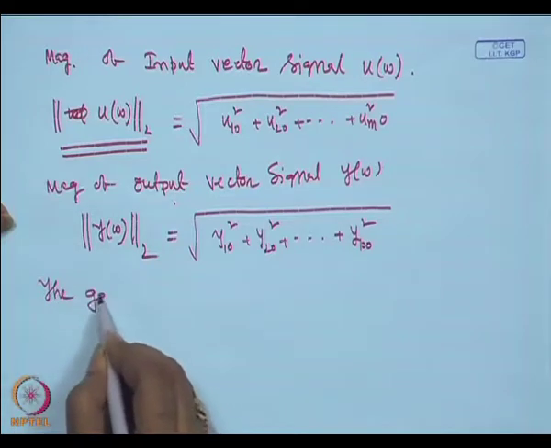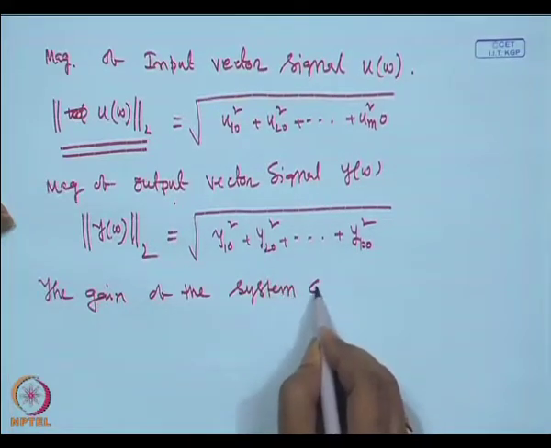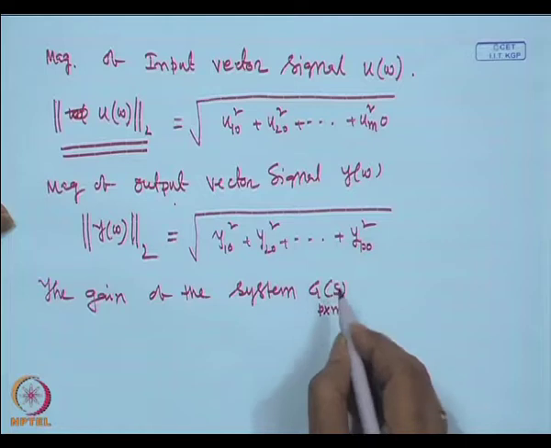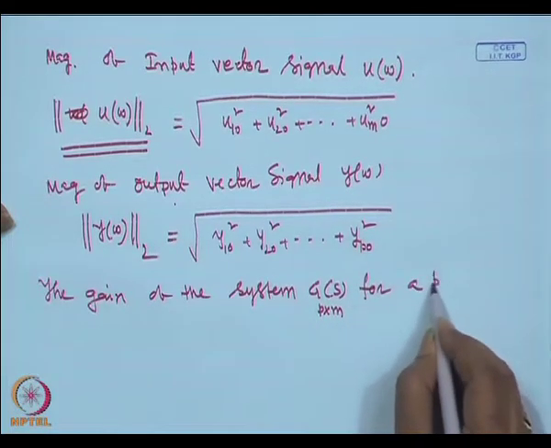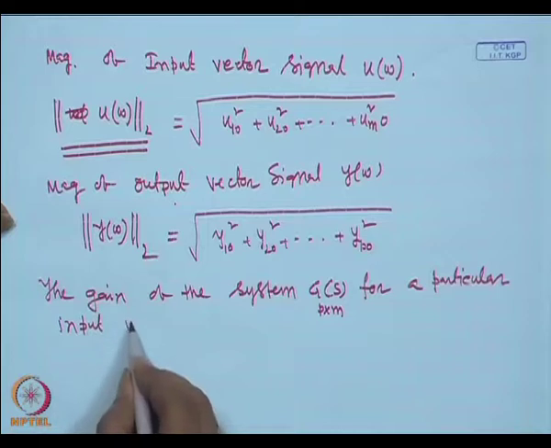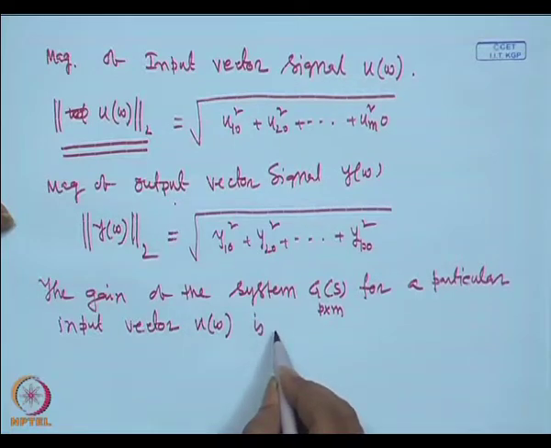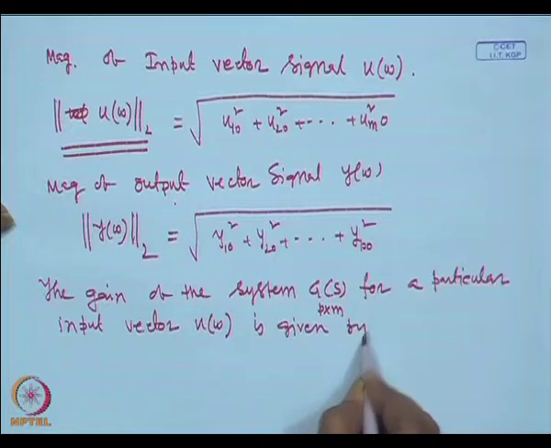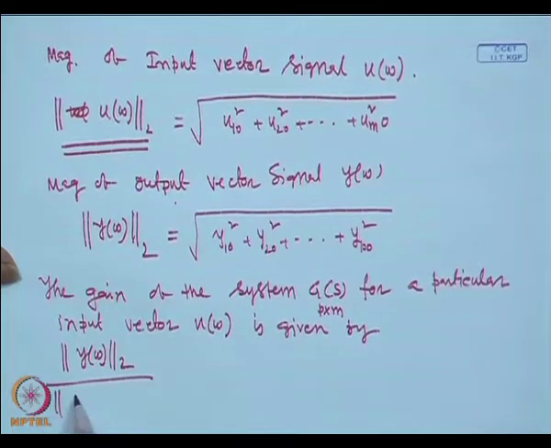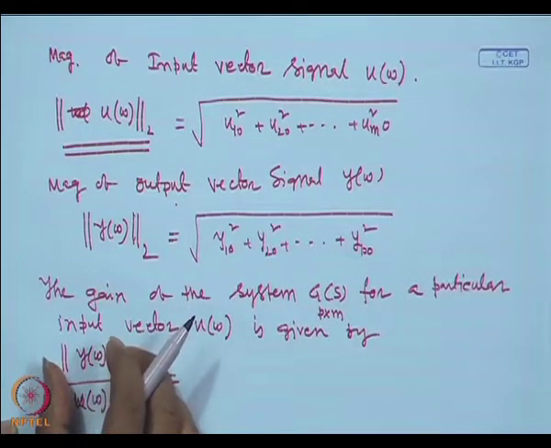So the gain of the system G(s), which is a p cross m transfer function matrix, for a particular frequency and a particular input vector u of w, is given by the norm of the output vector divided by the norm of the input vector magnitude.